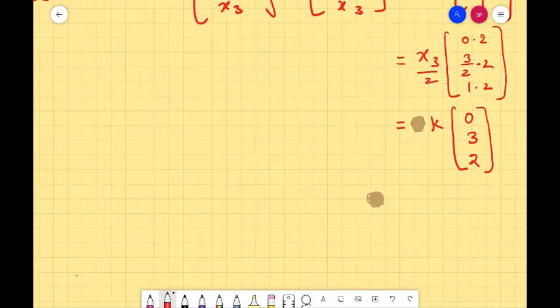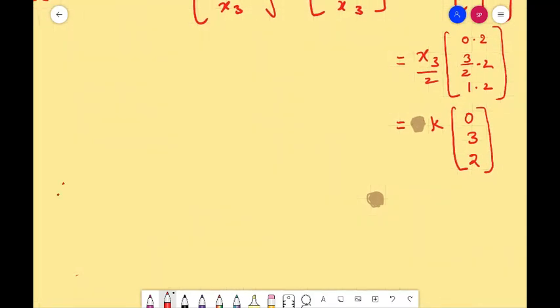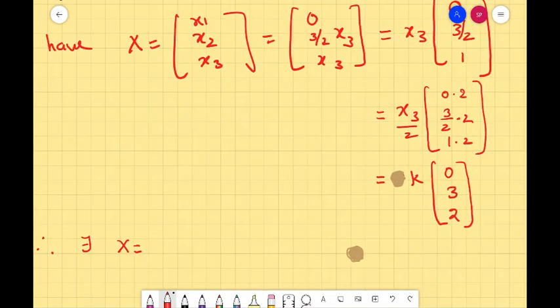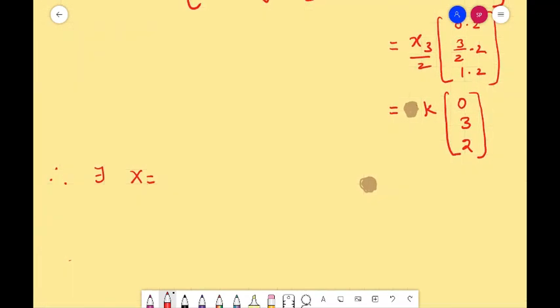So I can say therefore, there exists a vector x equal to x1, x2, x3, which is a multiple of k(0, 3, 2).